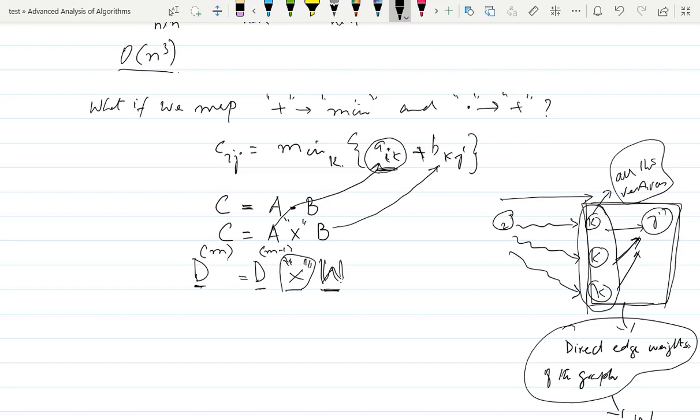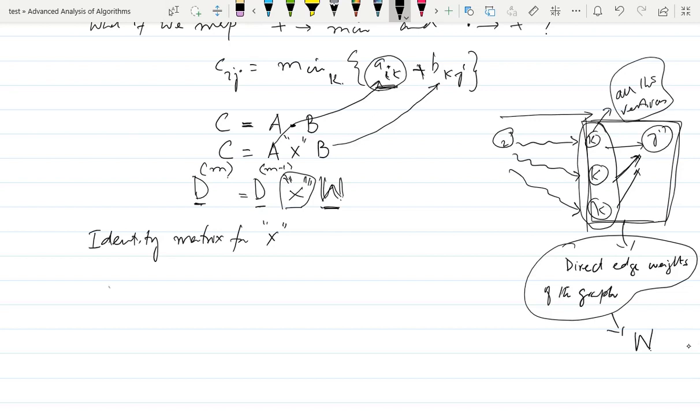Let's see, can we define an identity matrix for this new multiplication? Remember that in simple multiplication, I equals 1 0 0, 0 1 0, 0 0 1 and so on, right?